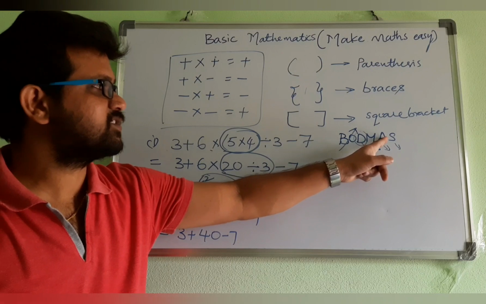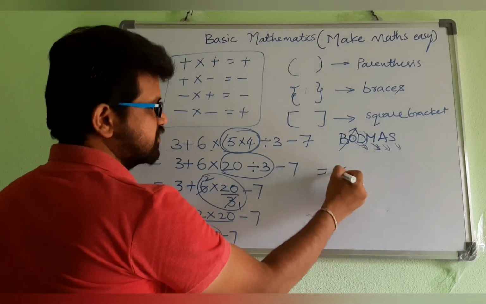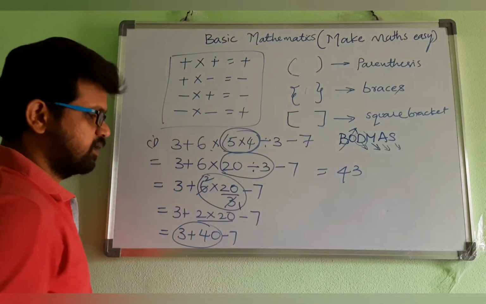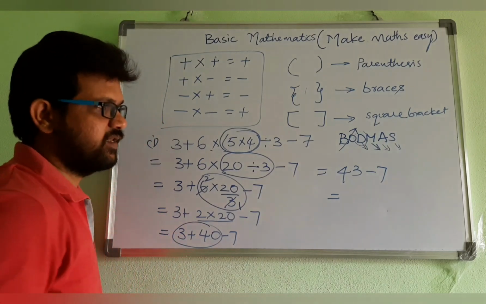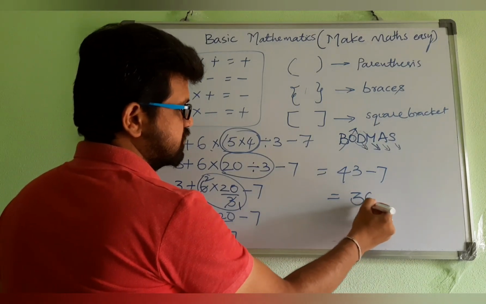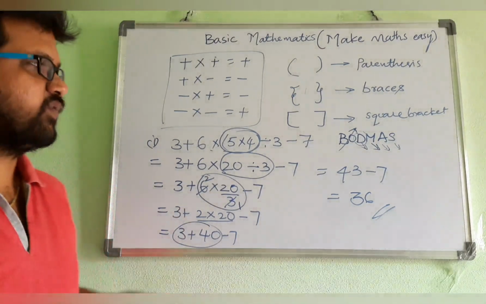Division over, multiplication over, next addition. 3 plus 40 is 43 and minus 7. At last subtraction. 43 minus 7 is 36. Answer is 36. So like this we can do.